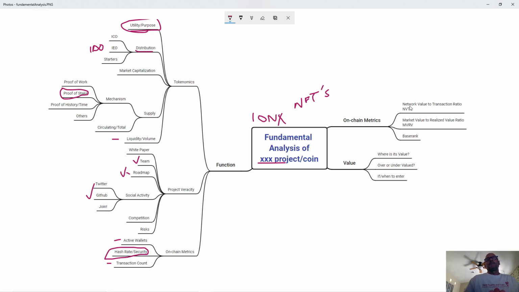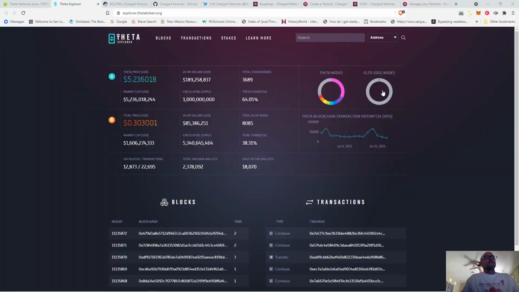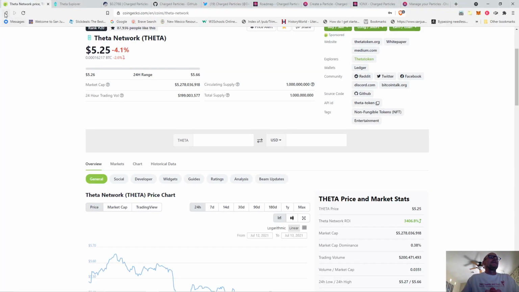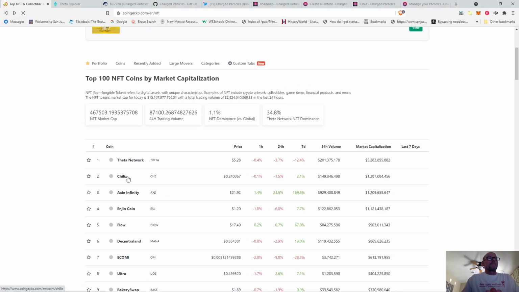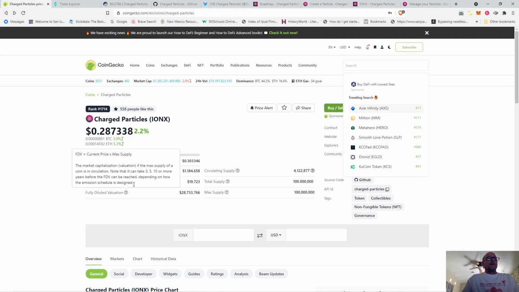So a couple of things, and these aren't as good for new projects, but I'll just go through them anyway. It's network value to transactions. What do you call it in stocks? A PE ratio, price to earnings. You look at its market cap, and it doesn't have earnings, right? But trading volume is sort of like an earning.